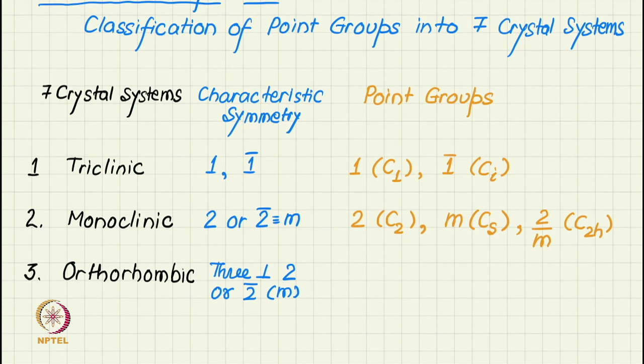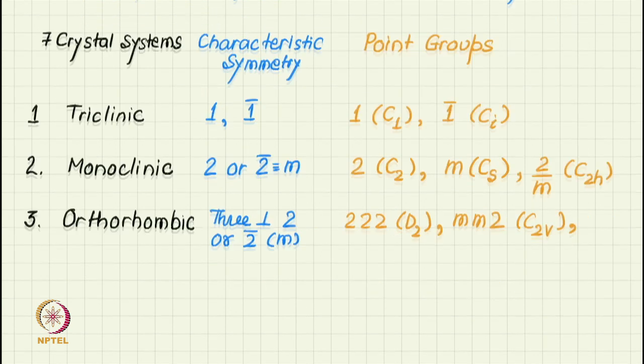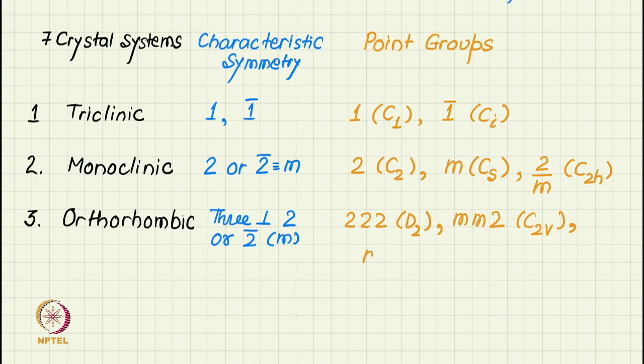The point groups which will belong to this crystal system are the dihedral group 222, in the Schoenflies notation D2, or mm2, which is C2v, or finally mmm. So, this has 3 orthogonal mirrors as well as 3 orthogonal two-folds, in Schoenflies notation D2h.